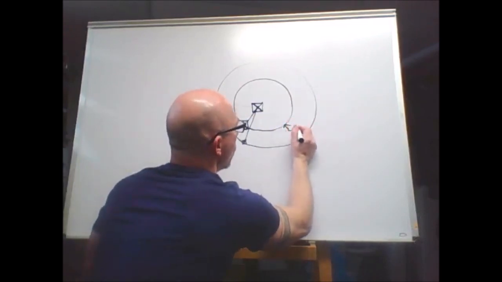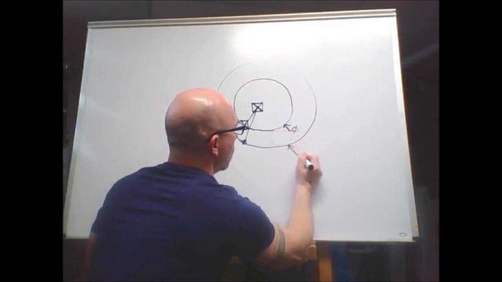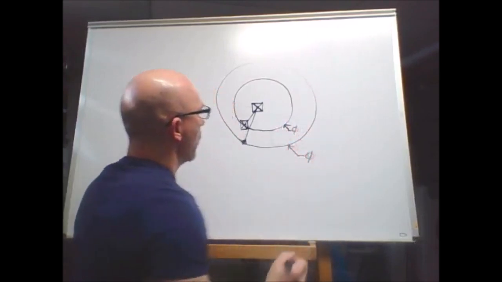So this is an orbit, that's a diameter, and this is a diameter.